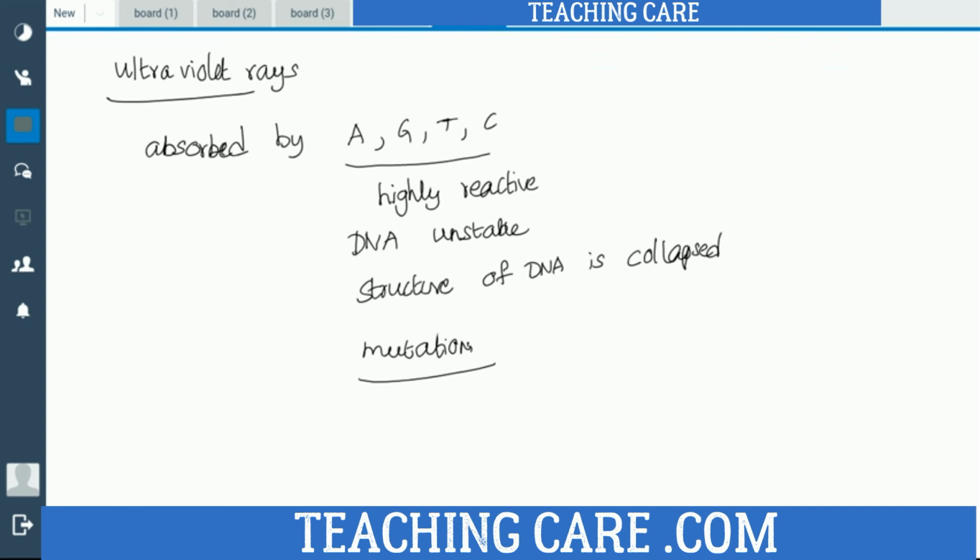When the nitrogen bases take ultraviolet rays, they become highly reactive. Generally, they are reactive. When nitrogen bases become highly reactive, the DNA becomes unstable.